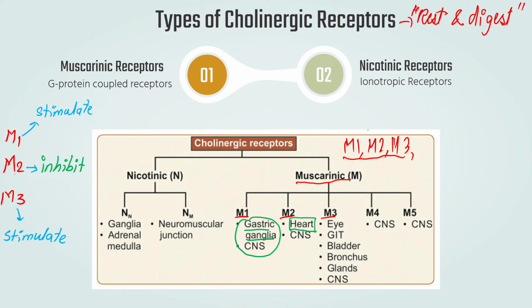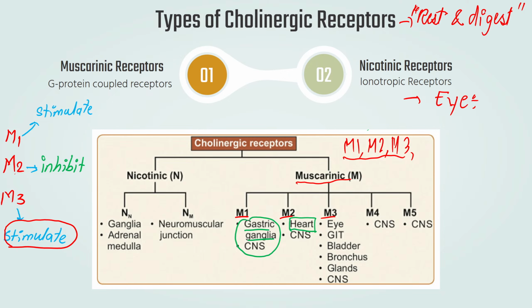You're resting now. You're watching your phone on the couch. आप लेटे हो आराम से. What will it do? We remember M3. It stimulates whichever organ it is present in. जो भी organ में ये रहेगा, it will stimulate it.